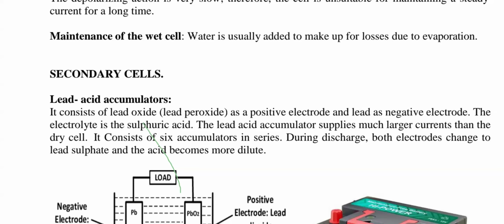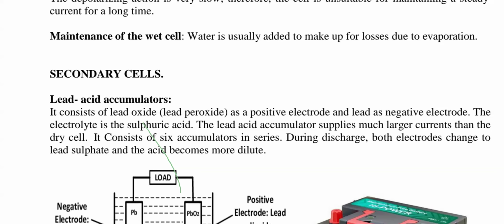Now, when you look at the lead acid accumulator, you find that they consist of lead oxide, because remember lead has an oxidation state of 2, and oxygen also has an oxidation state of 2, so sometimes we can call it lead peroxide.